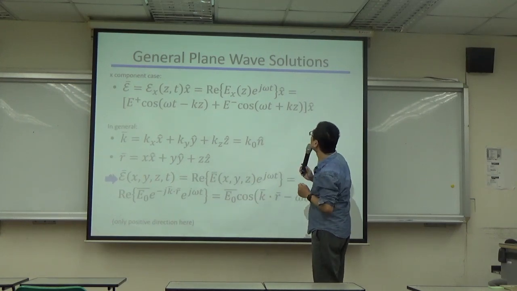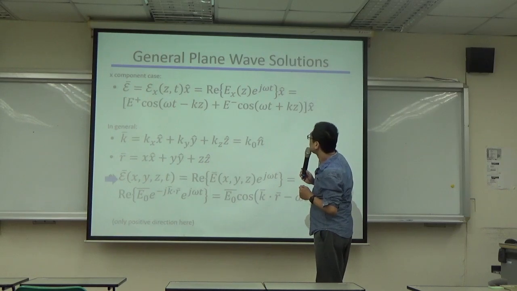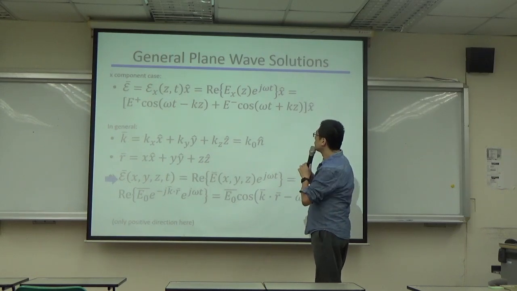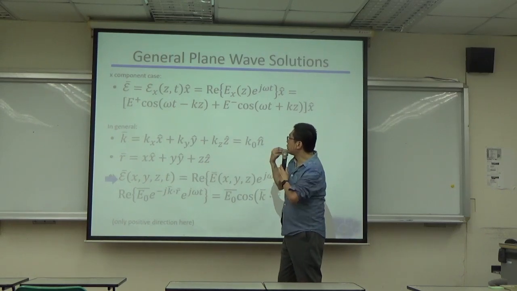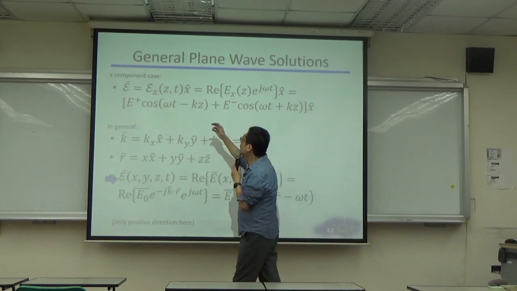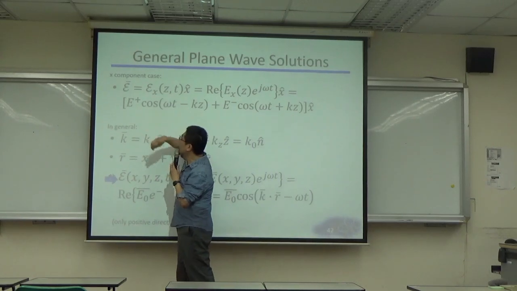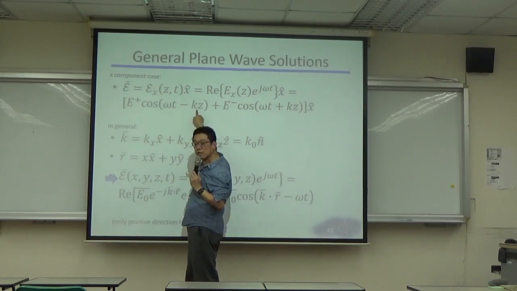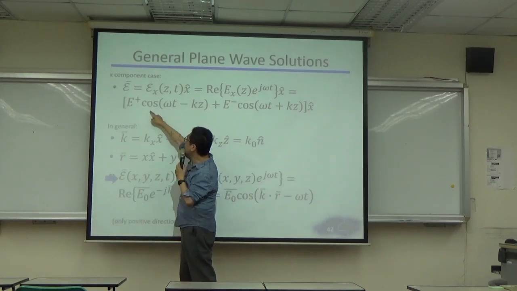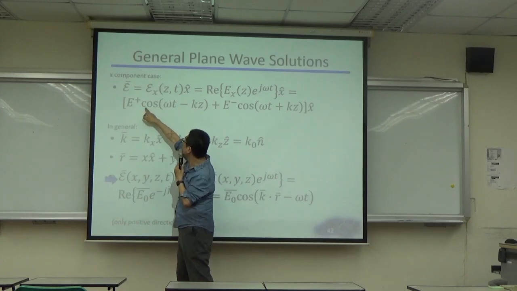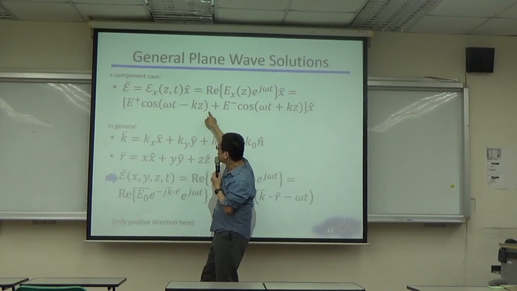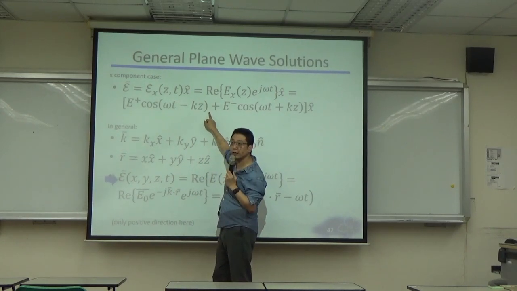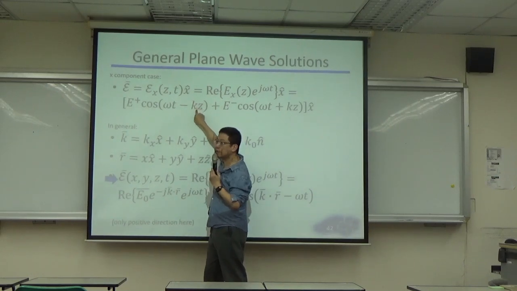Okay. Because when we describe our electric field, if we want to talk about not only T but also Z, you can write it not in phasor form but in the form of cosine, this way. Your K is here.